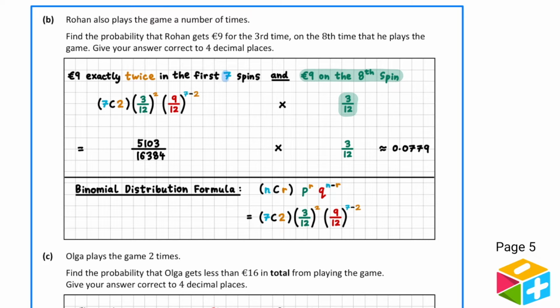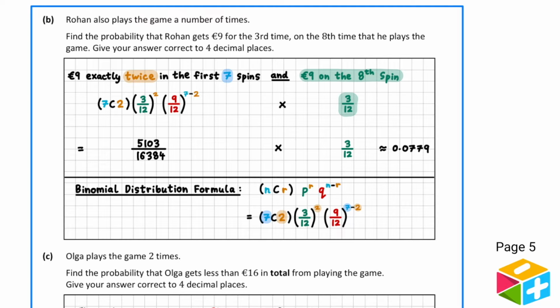Since we have 7 spins, N is equal to 7. R is the amount of times we want our event to happen. Since we want €9 exactly twice, we will have R equal to 2.